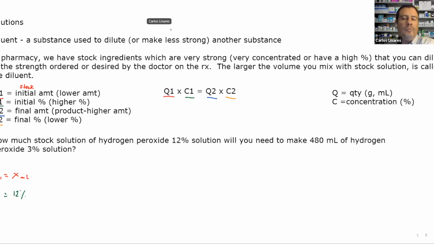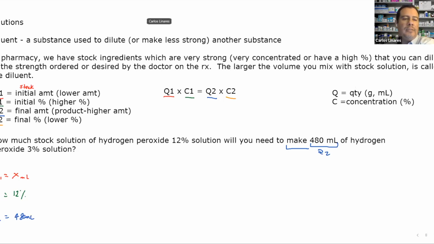My Q2 is my product, what I make, my final amount. It says to make, I'm going to make this 480 mLs. This is my Q2.